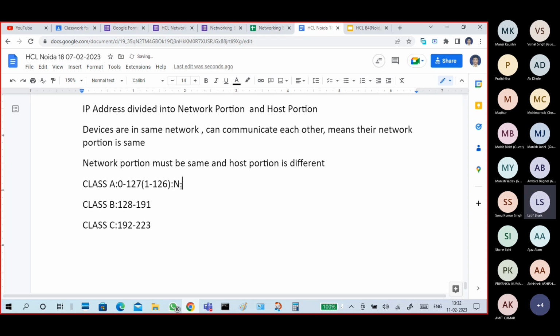In class A, the first portion is the network portion by default, and the remaining portions are host portions. So for class A IP addresses, the first portion must be the same, and the remaining can be different.